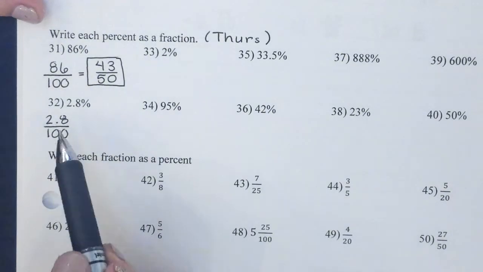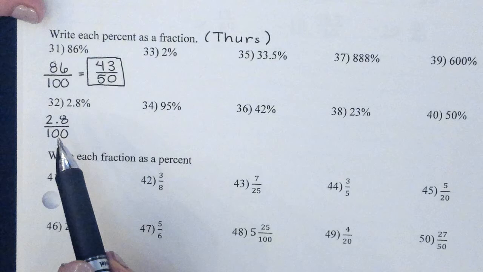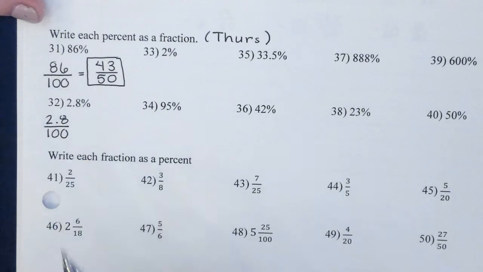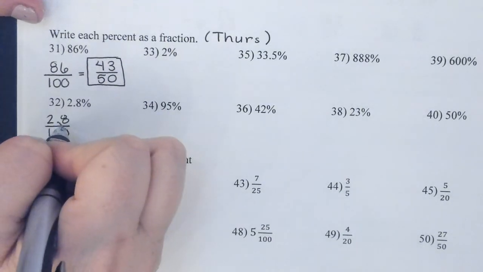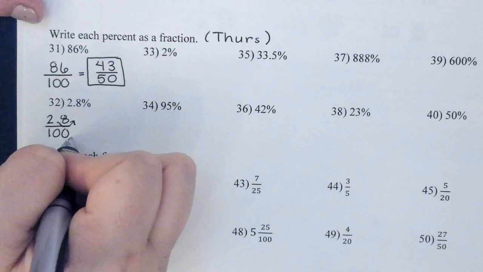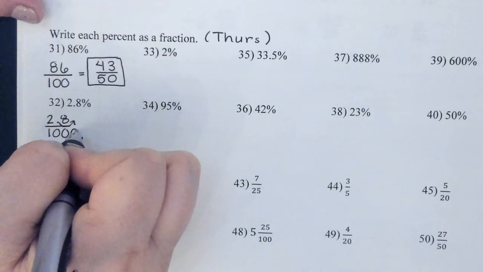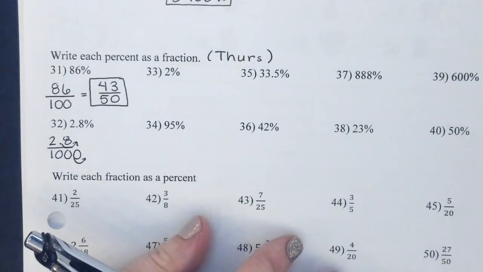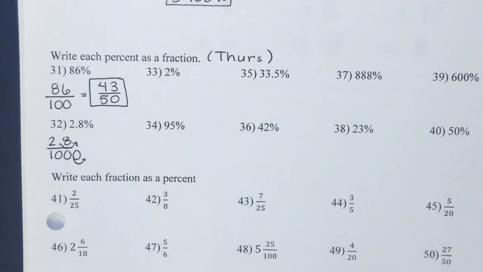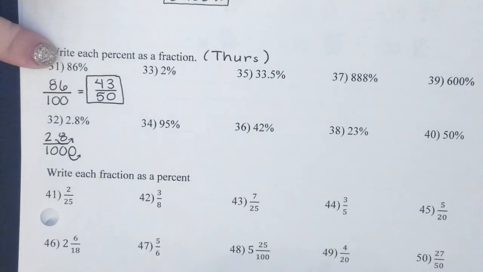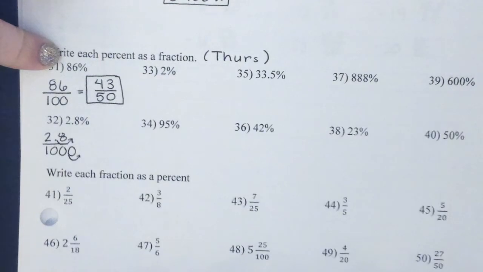Now, can I leave that decimal in this fraction? No. So, Gabriella, what am I going to do? You have to move the decimal over 1 and then put another 0. Yeah, so now I can move it over 1 and add a 0 there. All right? But initially, if you're making a percent a fraction, percents are always out of 100. So put your 100 and then try to fix it. Okay? So 28 over 1,000, can that simplify?